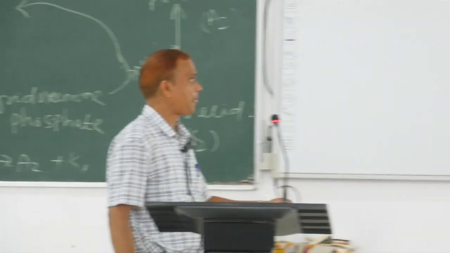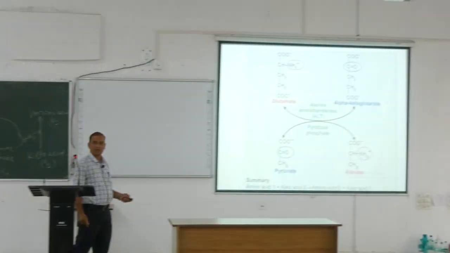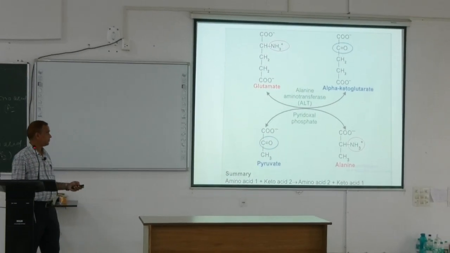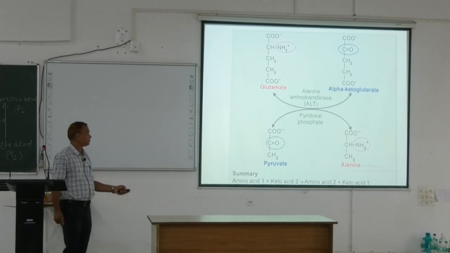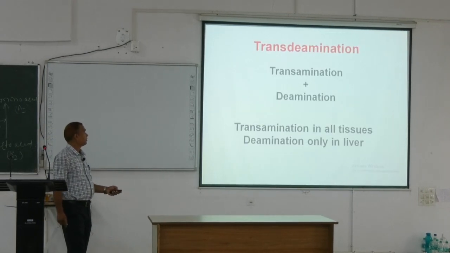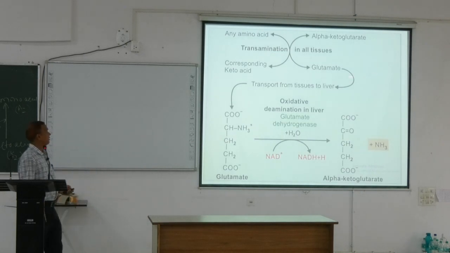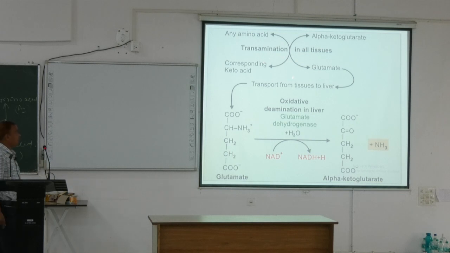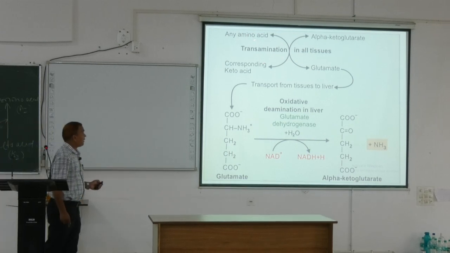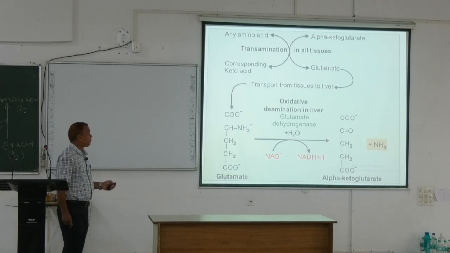Previous slide. This one. See here. Transaminase occurs in all tissues. From the amino acid, the amino group is donated to alpha ketoglutarate.